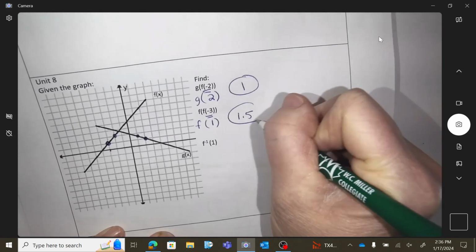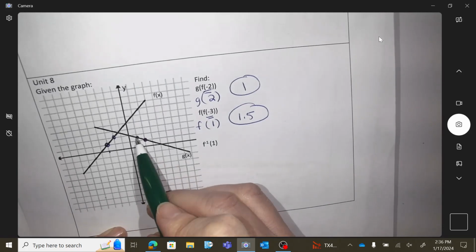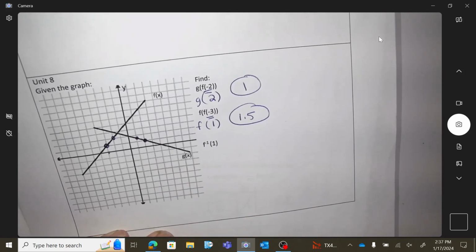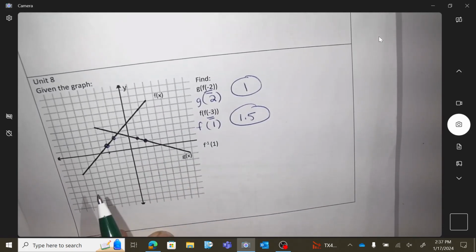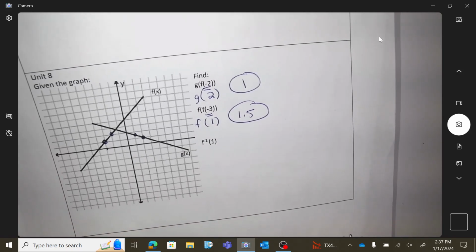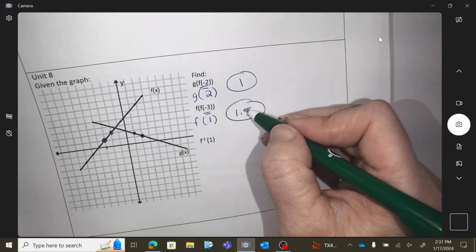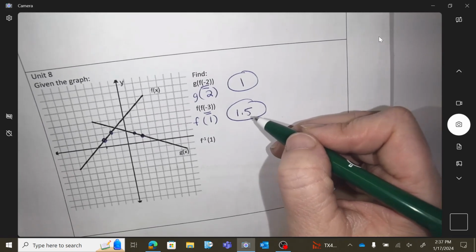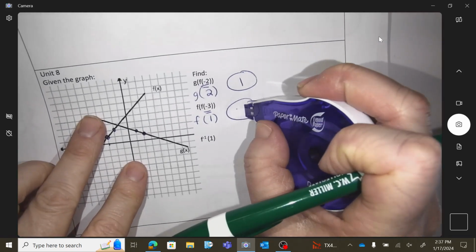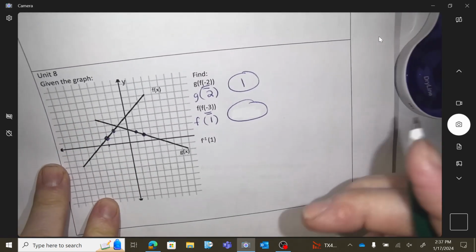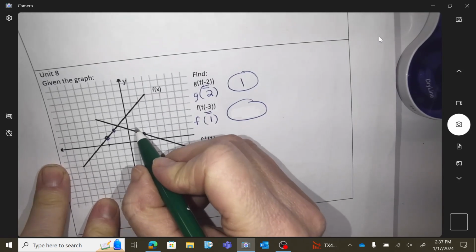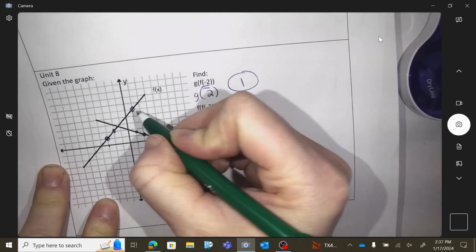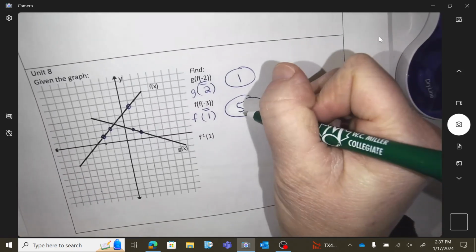I don't know. 1.6? I'm not sure. What? Oh, I did g. Thanks. Oh, at 1, 2, 3, 4, 5. There, is that better? 5.